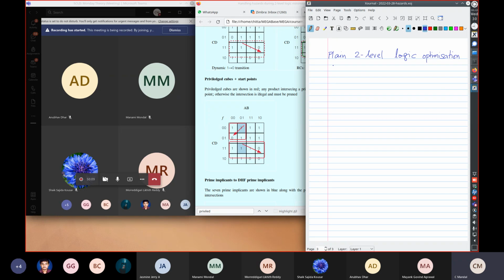Okay, so here you basically have generate. So you have got two steps.